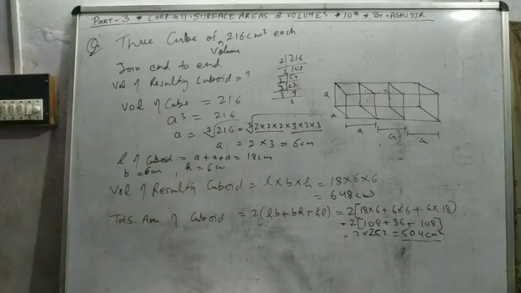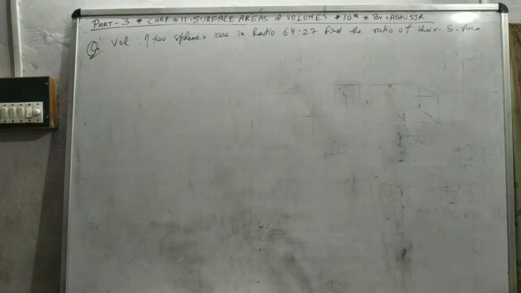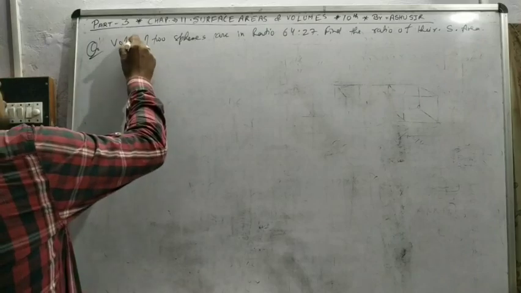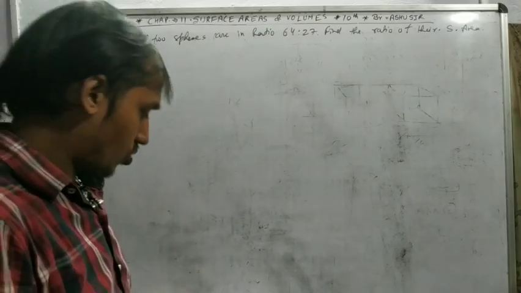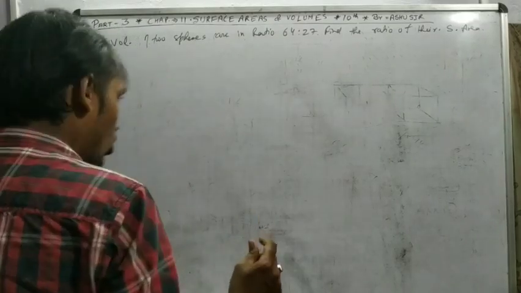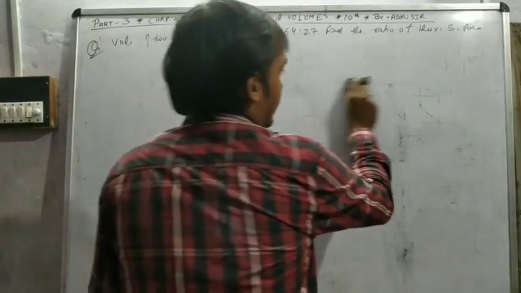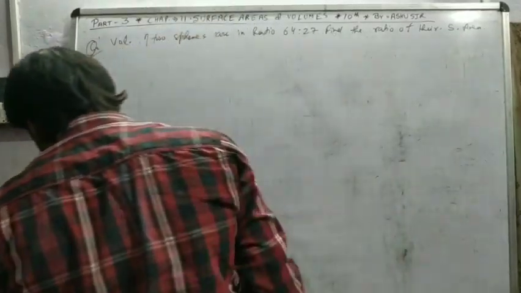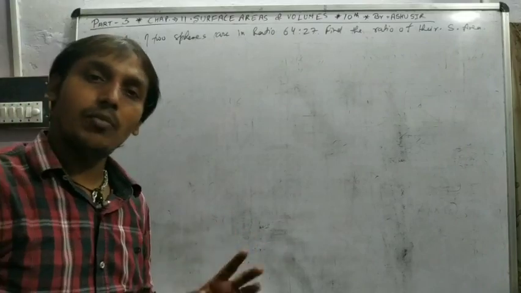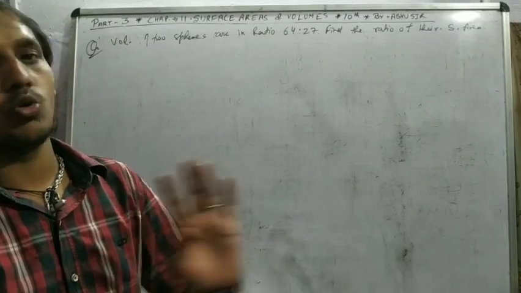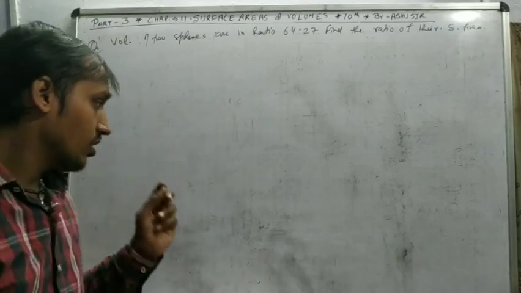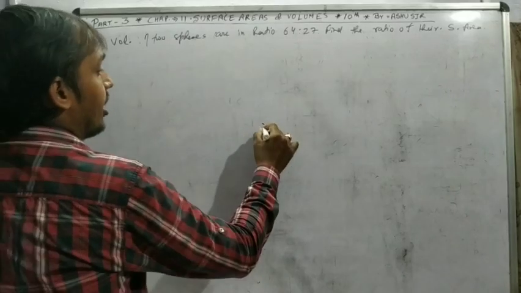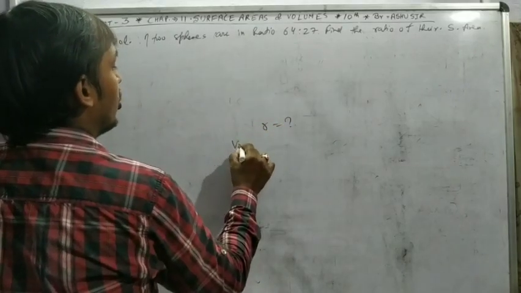Pause the video, note down. Let's see the next question. In class 9, you also studied the same chapter, and I think you are all able to use the direct formula for the question. Just like if I say radius is given, find the volume of sphere.